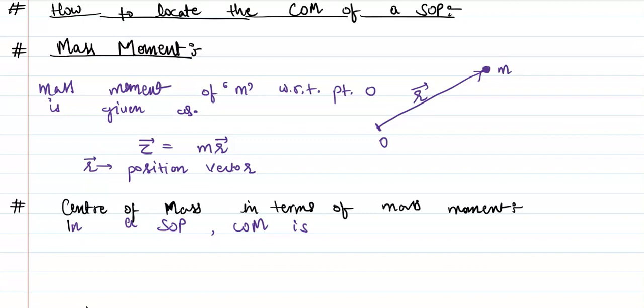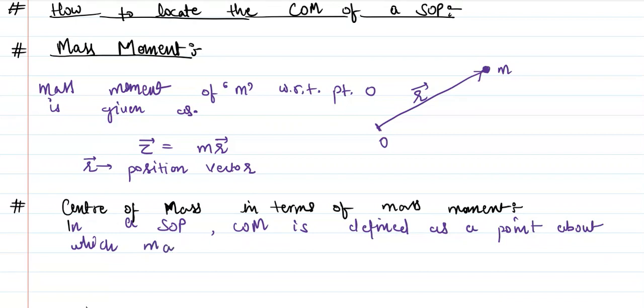In a system of particles, center of mass is defined as a point about which the mass moment of all the particles of the system of particles is 0.